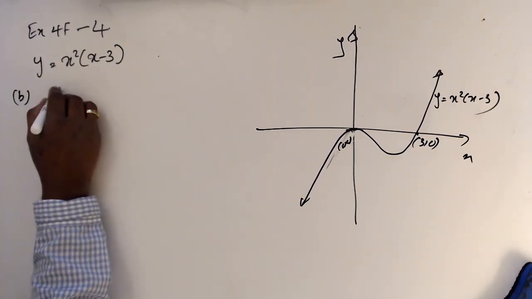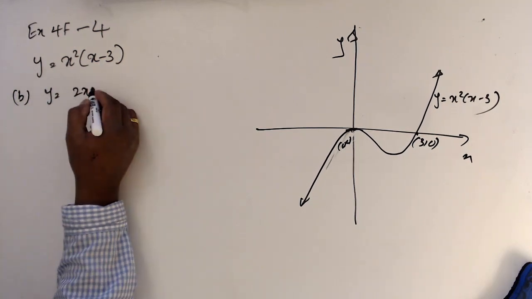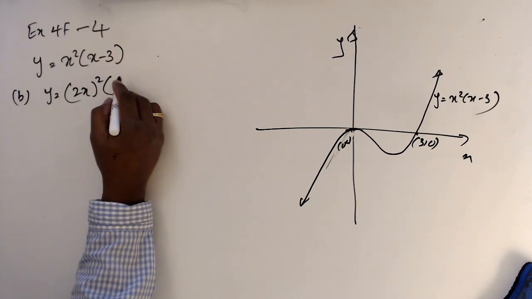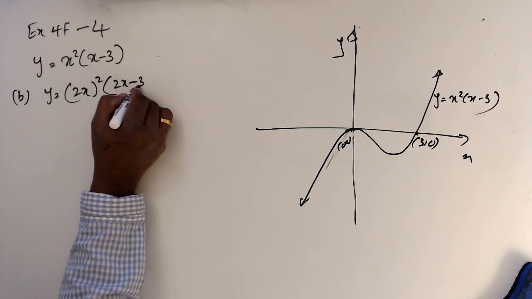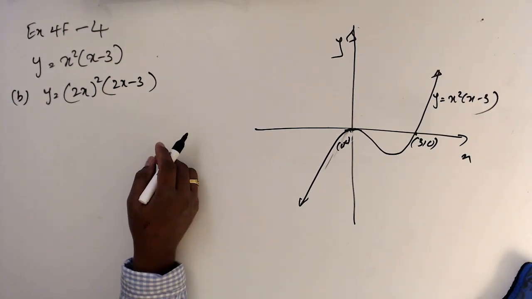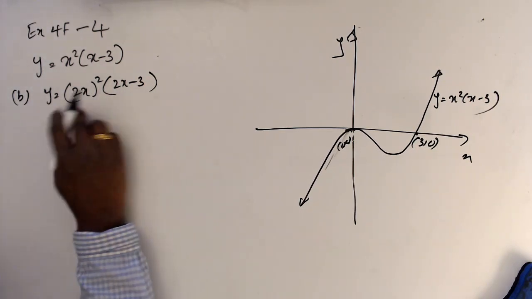Part B: I have to sketch y equals 2x squared minus 2x minus 3. Now I have to sketch this graph.